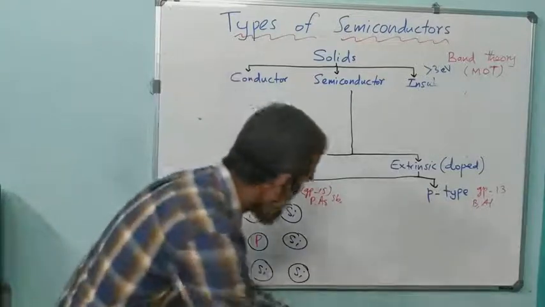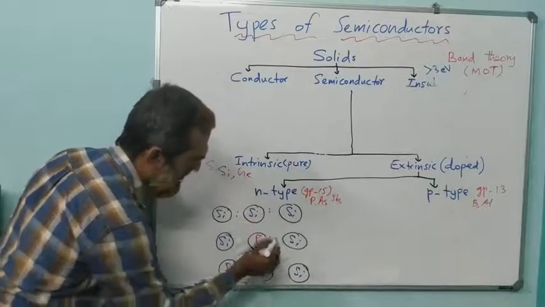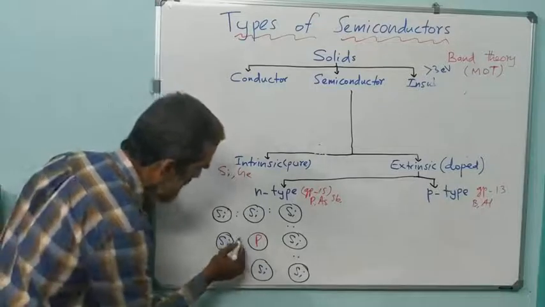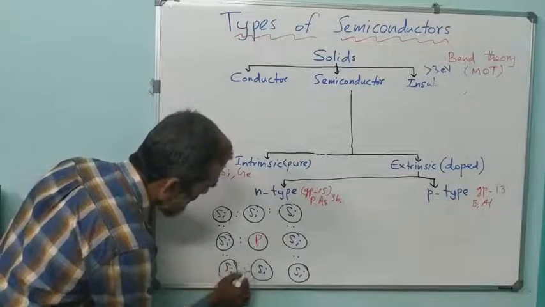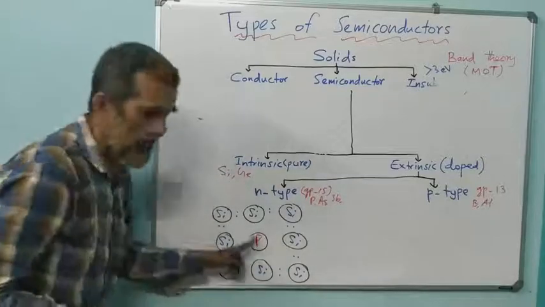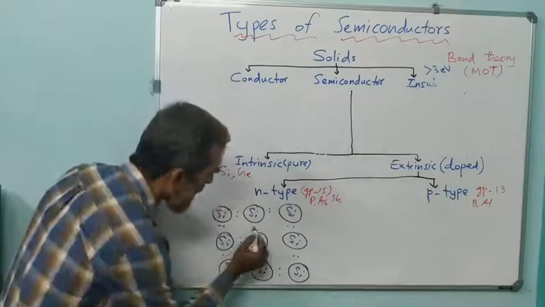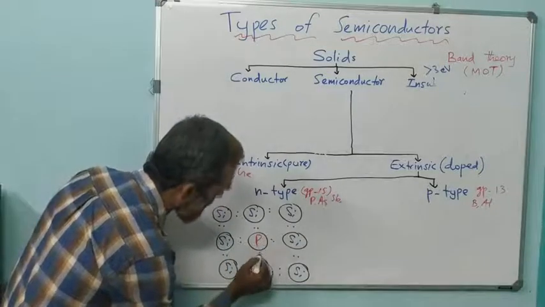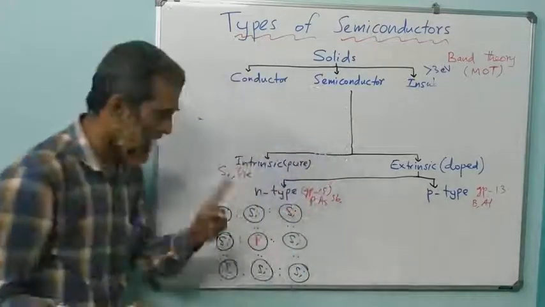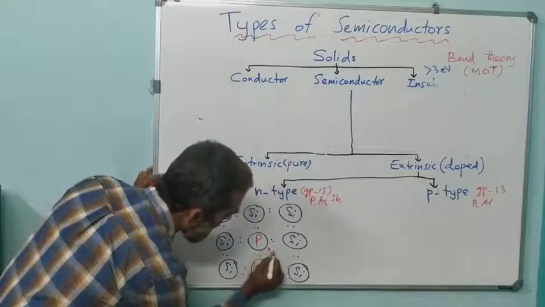So what happens now? We know silicon is tetravalent like carbon. It will form 4 bonds tetrahedrally around it. These are the bonds. Now phosphorus is group 15 and has 5 valence electrons. So it will use 4 electrons to form bonds with the silicon around it, and there is 1 excess electron with phosphorus.